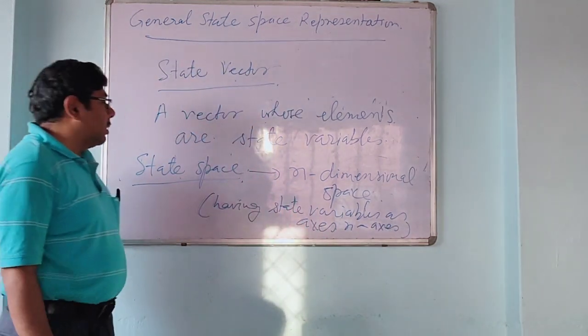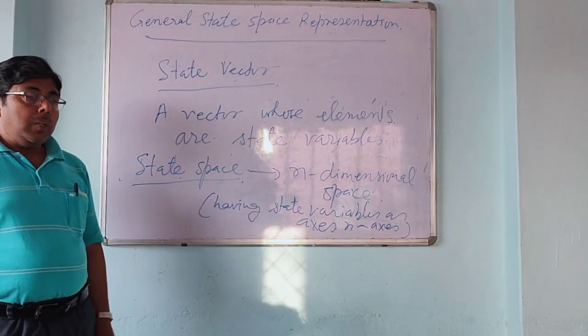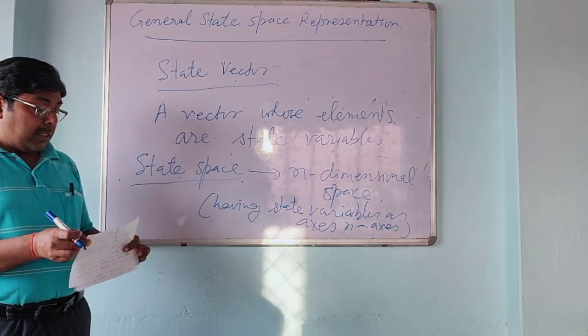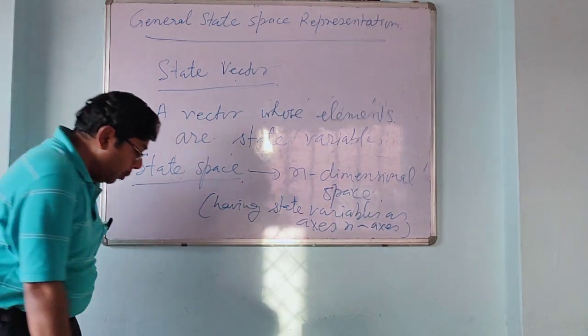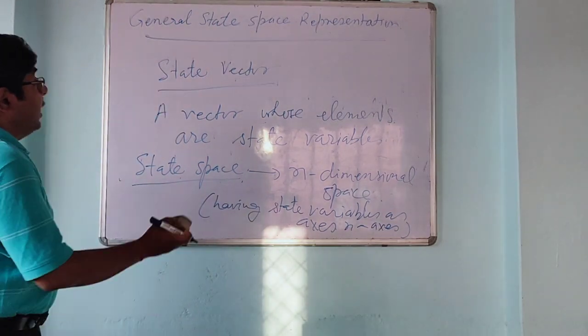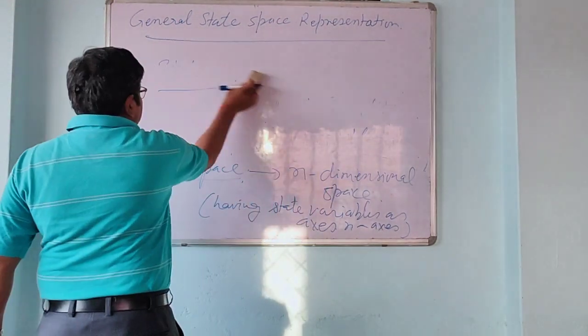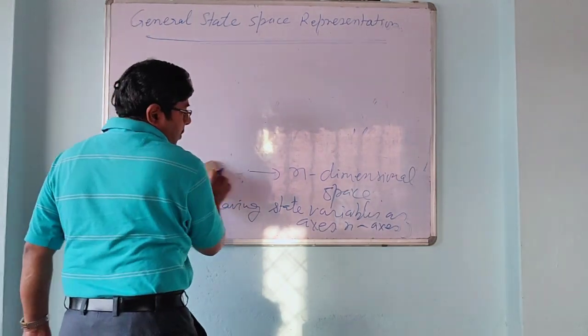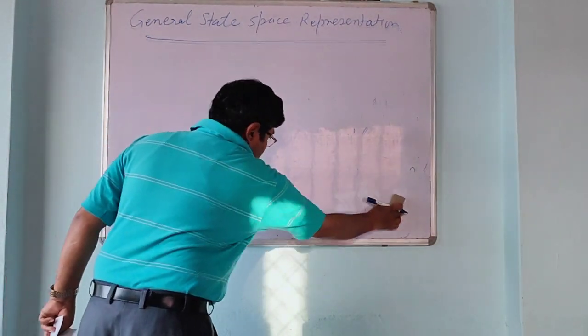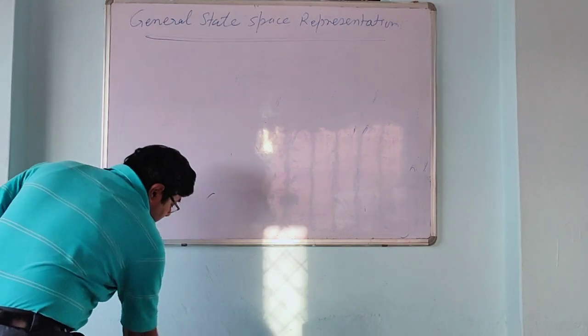So this is the state space. So next, two more definitions are there: state equations and output equations.